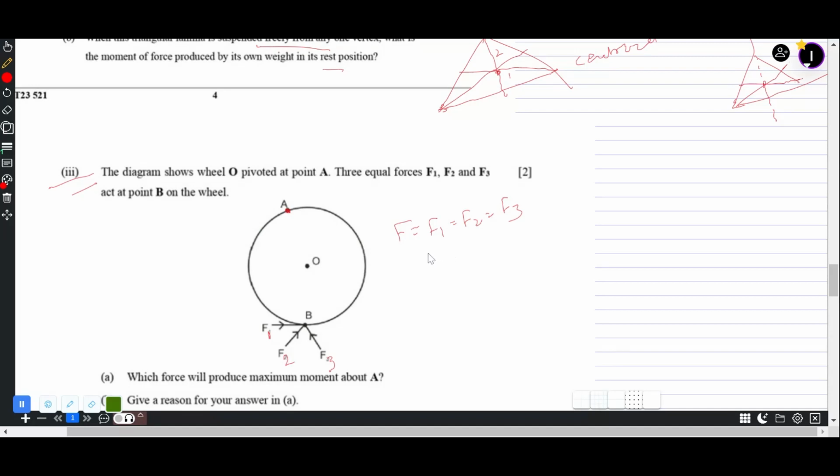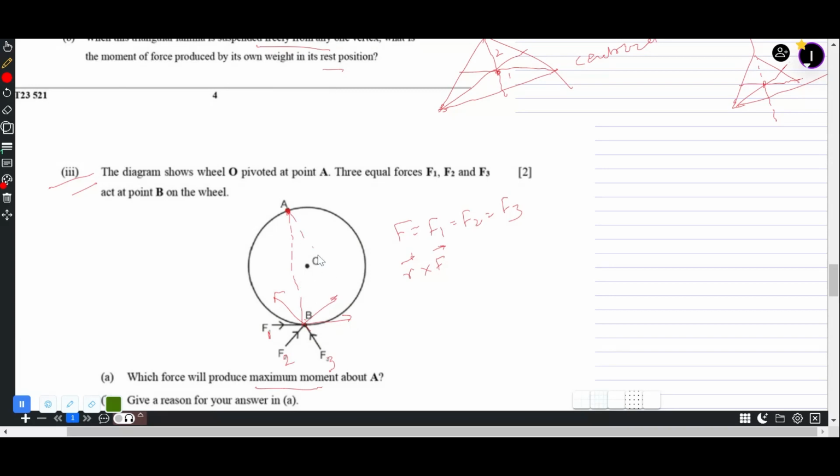Right. So which force will produce maximum moment? What is the moment formula? Moment is r cross F, which is the perpendicular distance of the force from the point at which the axis is. So if you see, this is the perpendicular distance in this case, this is the perpendicular distance in this case.